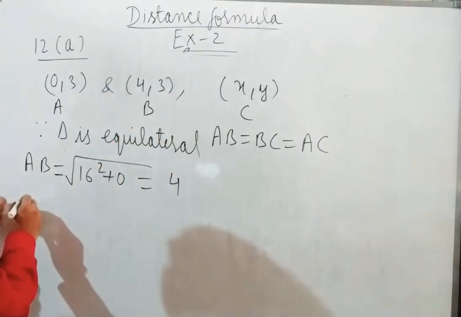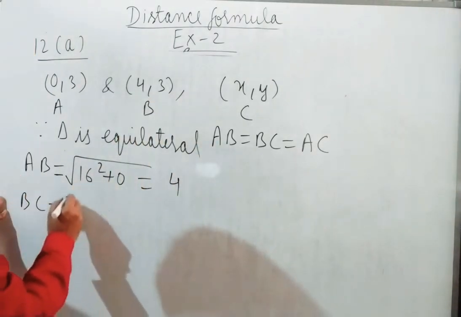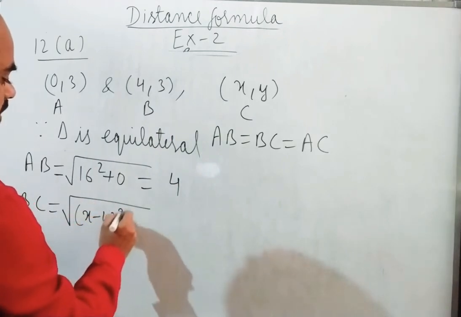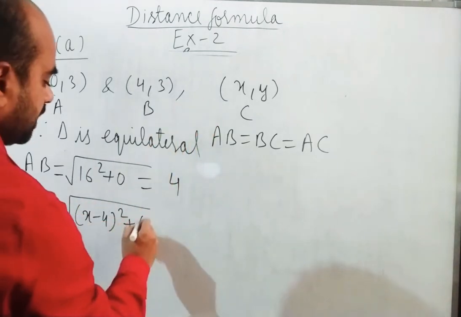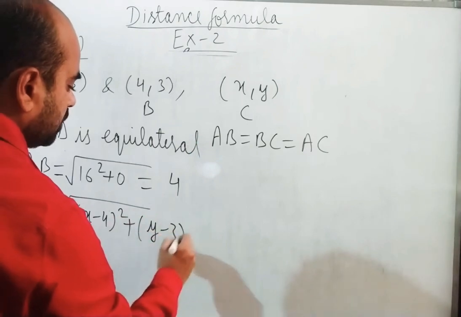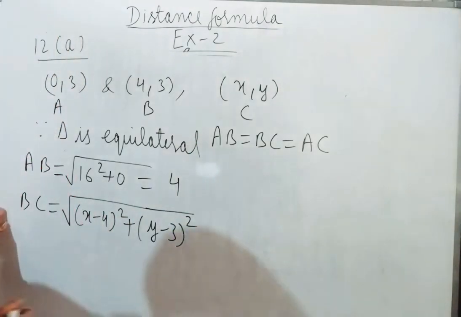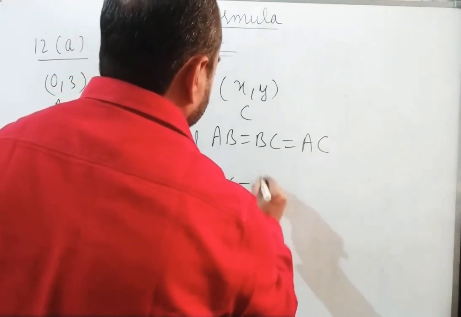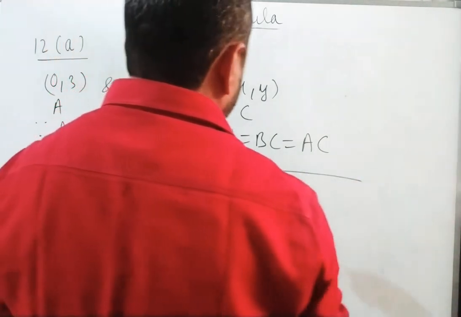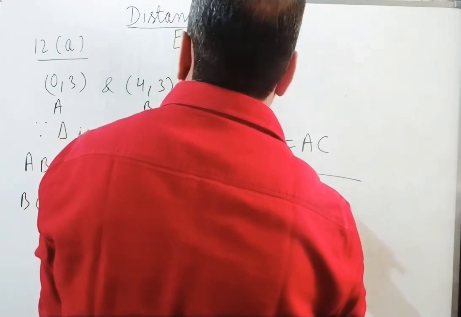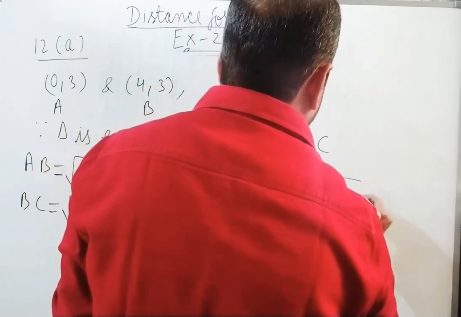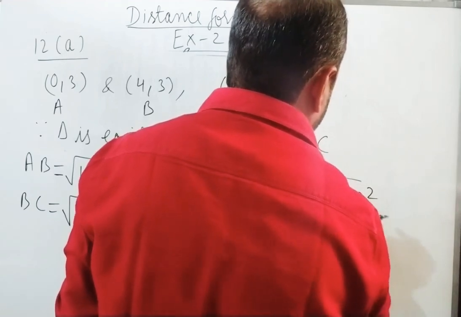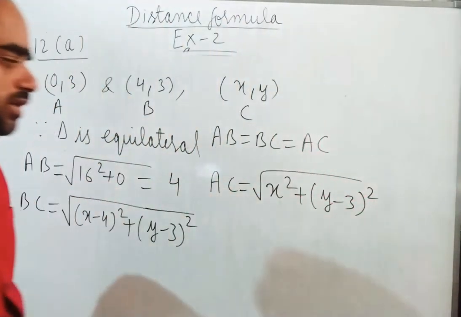BC will be x minus 4 whole square plus y minus 3 whole square, correct? And then AC will be x minus 0 whole square, that is x square plus y minus 3 whole square, correct?